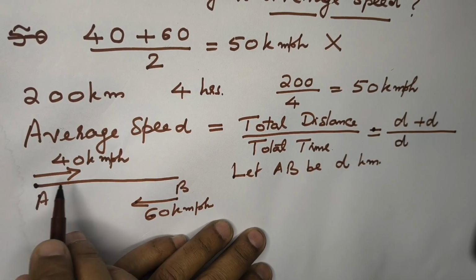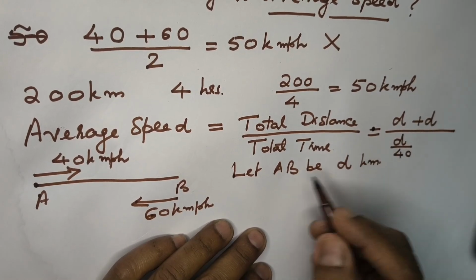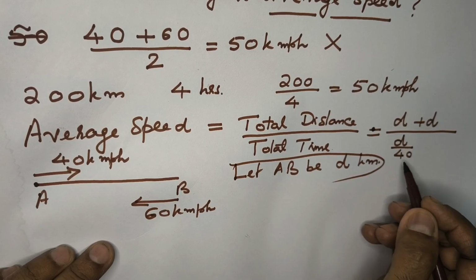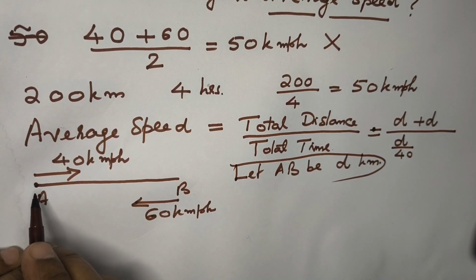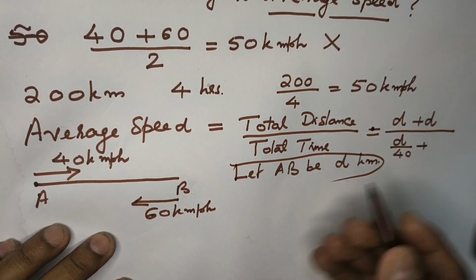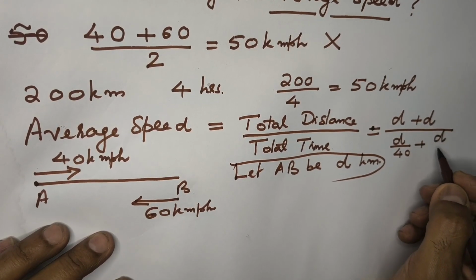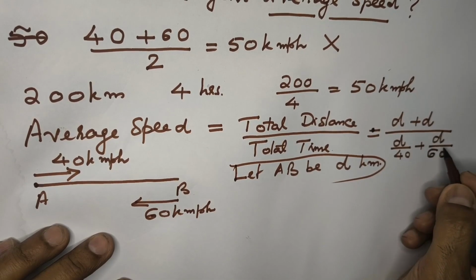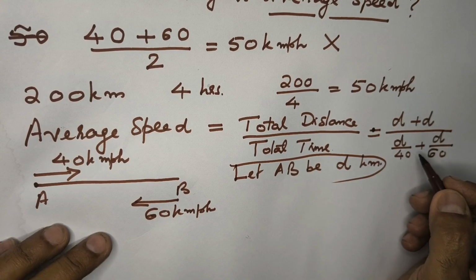He is covering at a speed of 40 kilometer per hour. So D is the distance covered and 40 was the speed. So distance by speed is the time he took for the onward trip from A to B. Okay, now he is coming back from B to A. Again, the distance remains the same, which is D, but the speed has gone up, given to be 60. So D by 60 is the time it took for coming back to A.